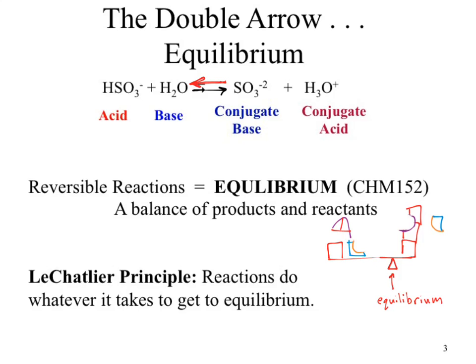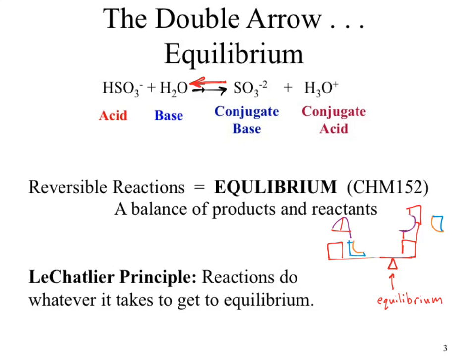To make those products, we have to get rid of reactants. So we make some of the reactants react with each other to make more products, to shift it over. We're taking a chunk of the weight of our reactants and shifting it across. We can't take the exact same piece because that's going to put it completely out of balance. It's only going to be taking small amounts of it to get to that equilibrium.